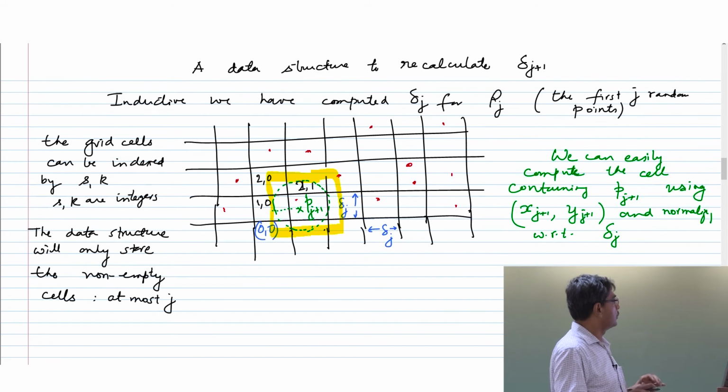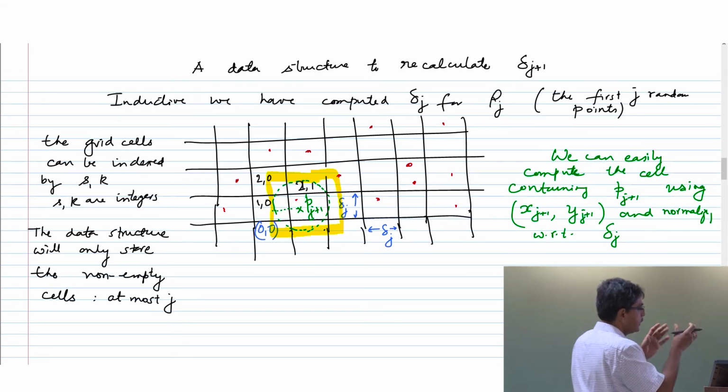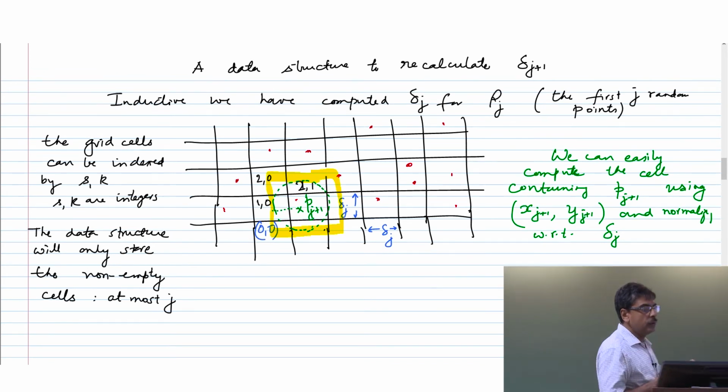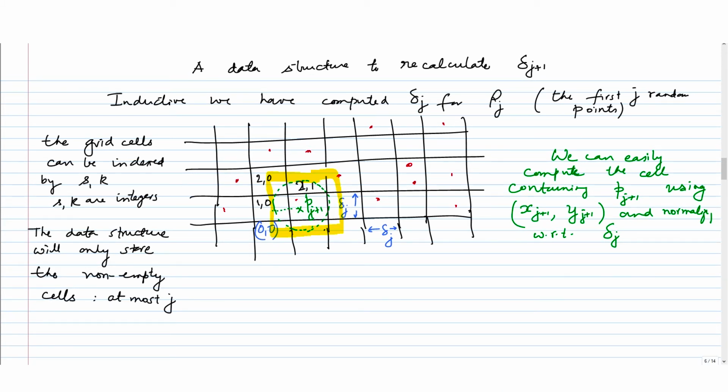Now, of course, I don't know whether there are points inside that disk, but whatever cells overlap with the disk, potentially if there is a red point in there, that could change it. But if the neighboring cells are empty, then there is no chance that it could change it. And that's the test.